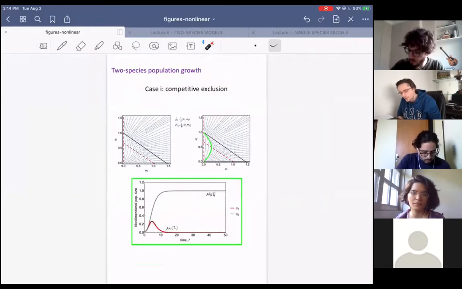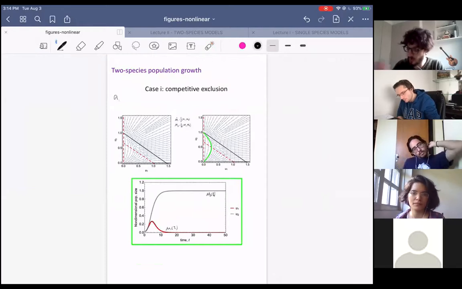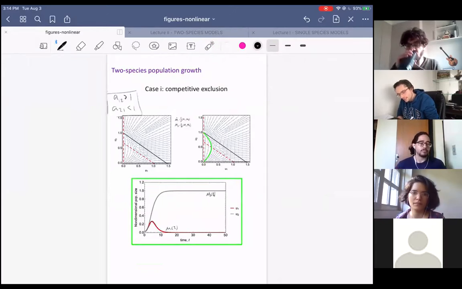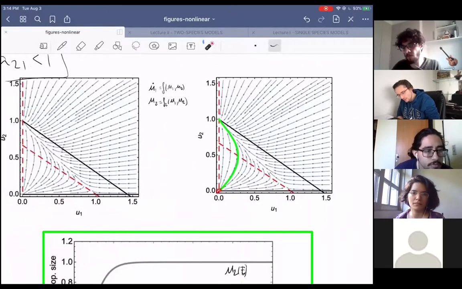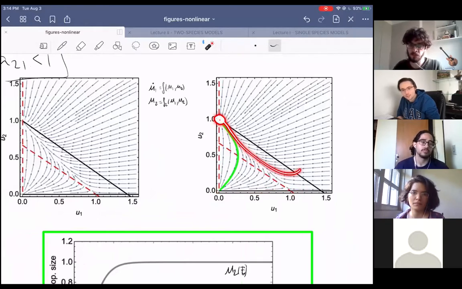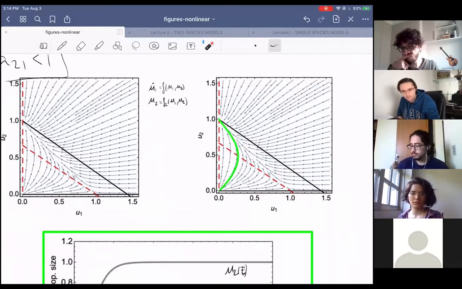It is telling us that when A12 is larger than 1 and A21 is smaller than 1, unless I start without individuals from population 2, which would be this case, my system will always end up with the elimination of species 1 and the fixation of species 2. So species 2 will always outcompete species 1, unless it is not present in the system in the beginning, which makes sense.